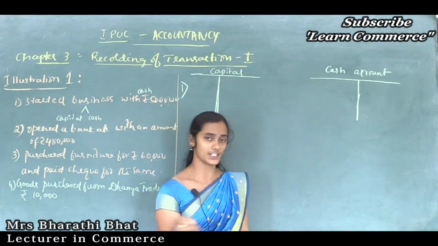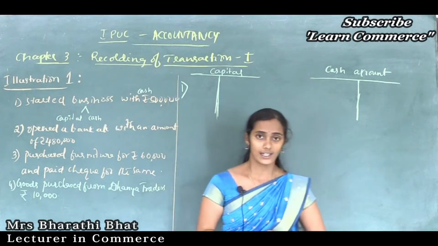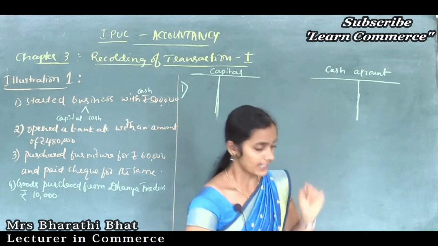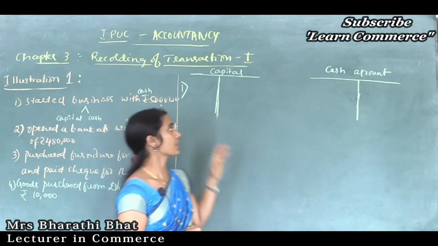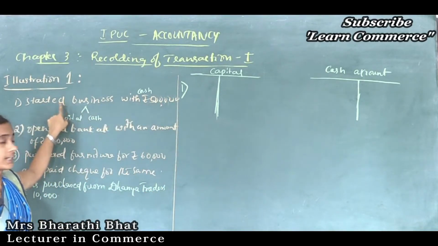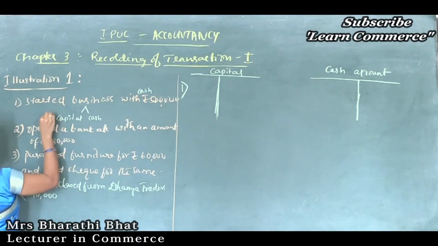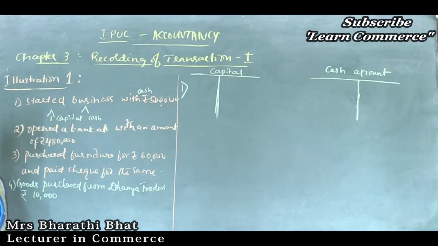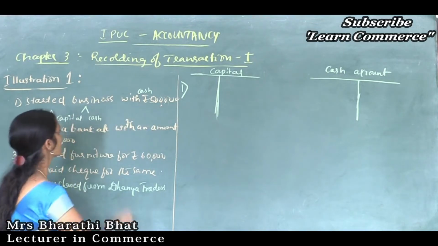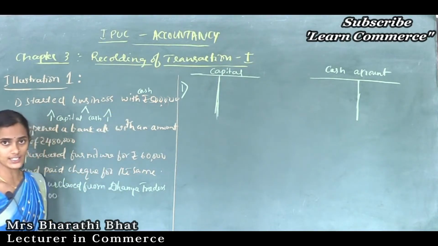Increases in asset is to be debited, decreases in asset is to be credited. See the analysis part. Here, when starting a business, capital is introduced by the owner, so capital increases. At the same time, cash also increases.